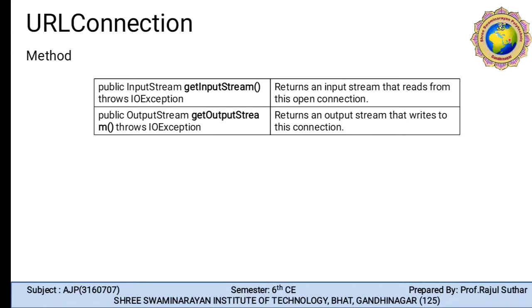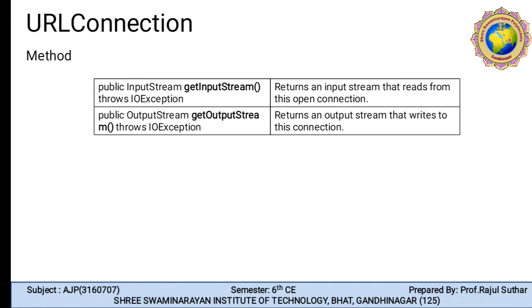The method is public InputStream getInputStream() throws IOException. The first method returns an input stream that reads from this open connection.